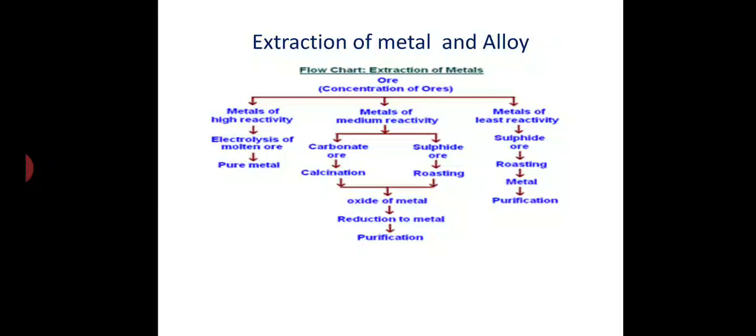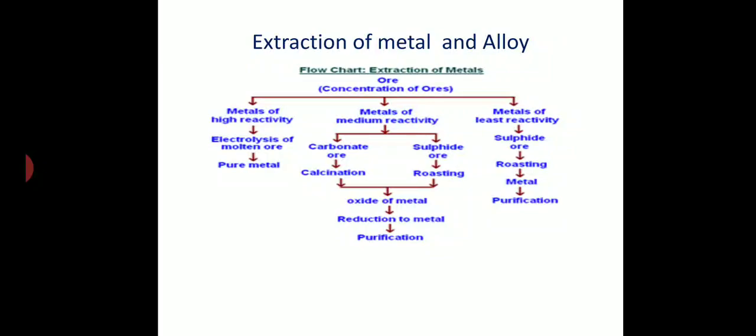Alloy formation. An alloy is a mixture of metal with metal or metal with non-metal. It's an example of a homogeneous mixture, a solid solution. Alloys play an important role in our life, such as brass, bronze, steel, stainless steel, German silver, solder alloy, etc. What do you mean by amalgam?